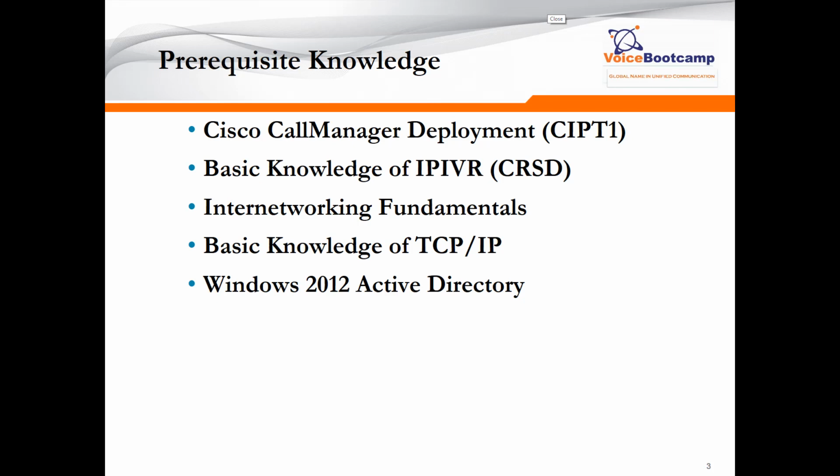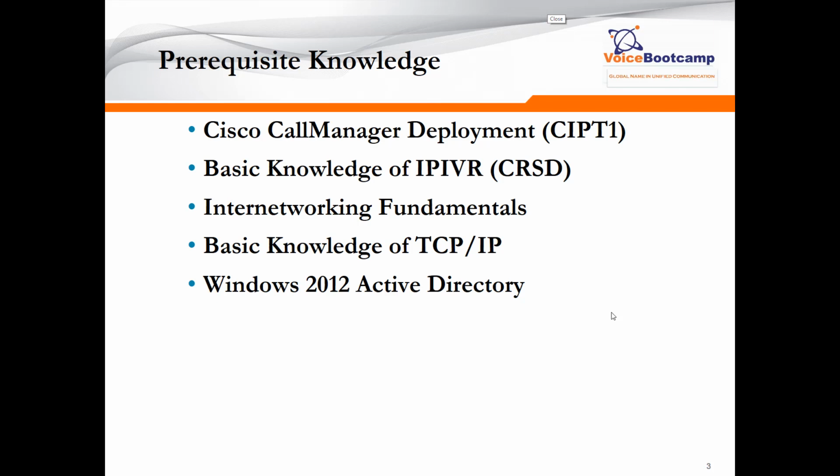Now, whether you are a server guy, network guy, doesn't matter, but internetwork fundamental is definitely an asset. The ability to understand the difference between routers, switches, firewalls, those will definitely play a good role in learning the concept.